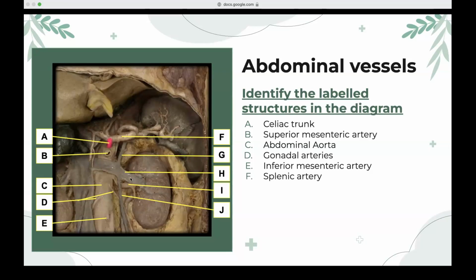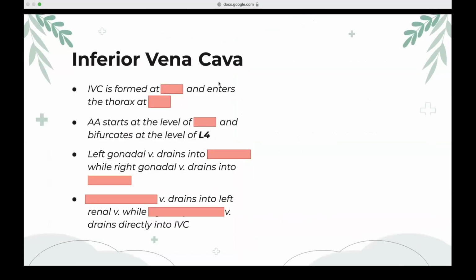What about H? This is the left renal vein as well. Yes. And J. The testicular vein or ovarian vein. Yes, so gonadal vein, basically. So you've got the inferior vena cava. The inferior vena cava is formed at what vertebral level?